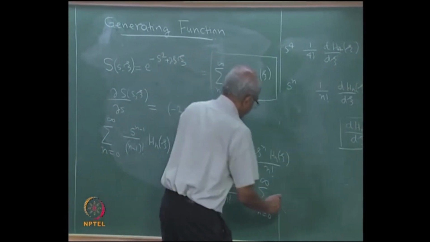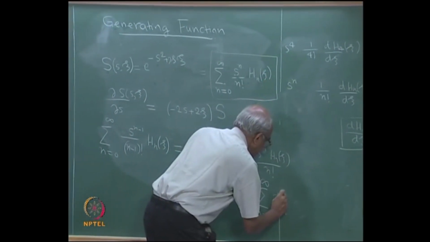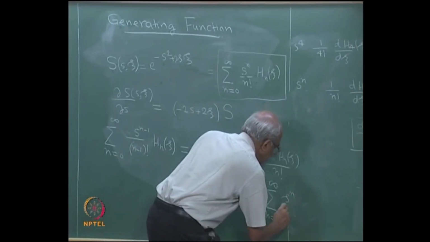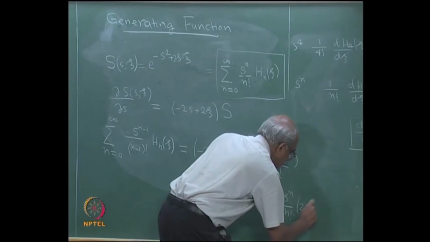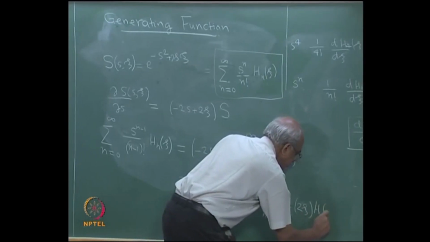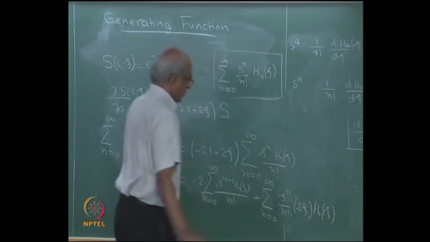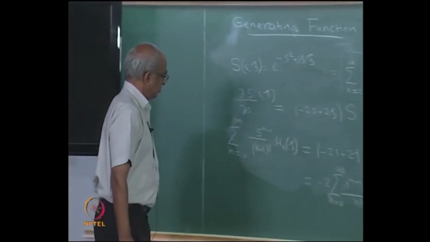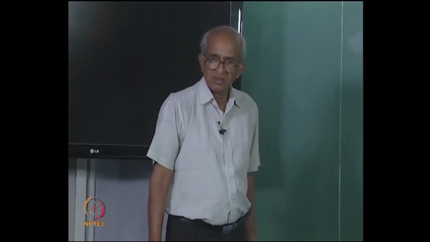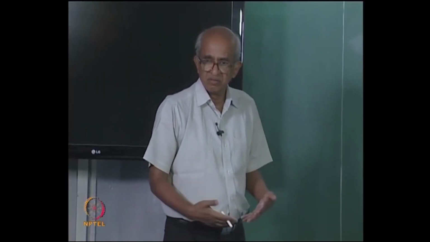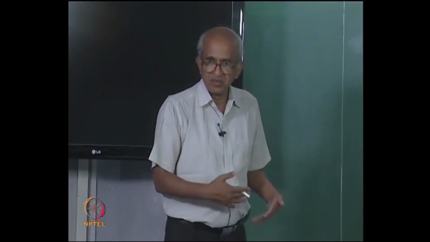This 2c I will take inside, so I will have s to the power of n by n factorial 2c h n c. Right? Tell me if I have made mistakes.